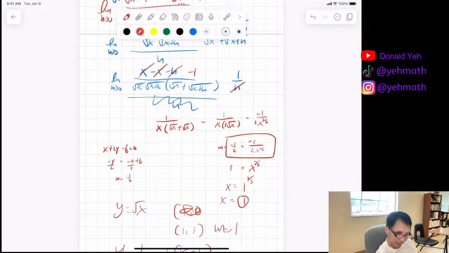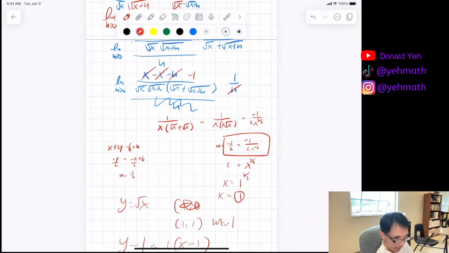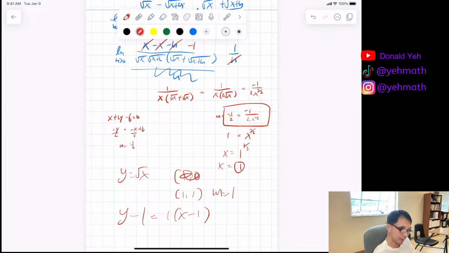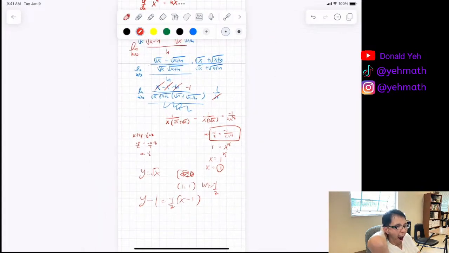Oh yeah. Yeah, the slope is -1/2, but only, oh yeah, this was -1/2. Yep. But it happened at x equal to 1. Is that right? This is -1/2. Good call. Any other questions?